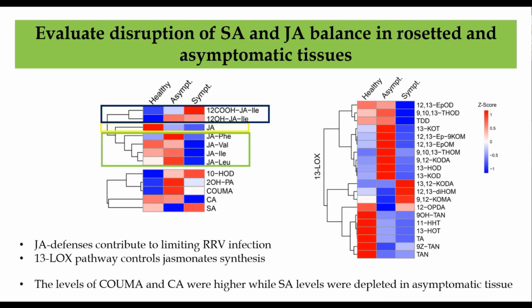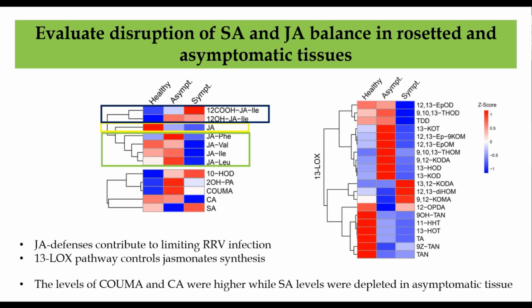We also looked at the 13-LOX metabolites, which lead to jasmonic acid biosynthesis. Here, if you see all the 13-LOX metabolites, you can also see the altered pattern of accumulation in infected canes than healthy canes.